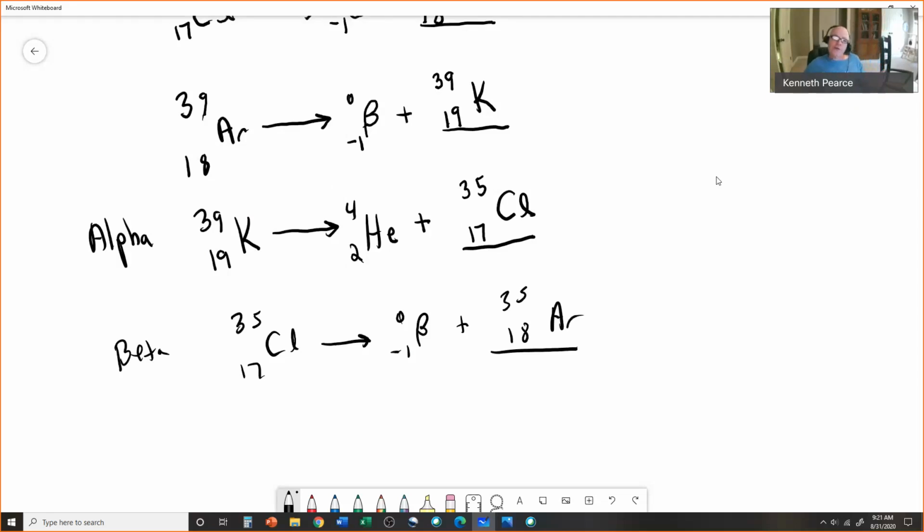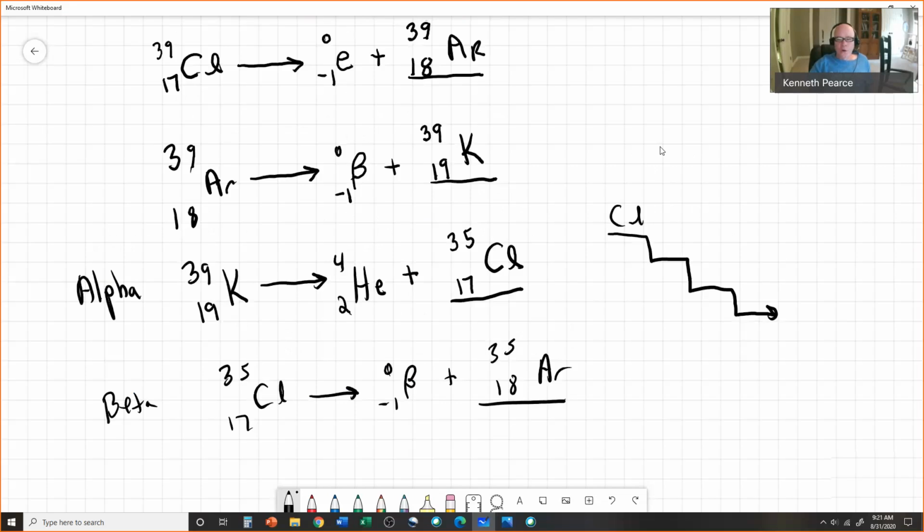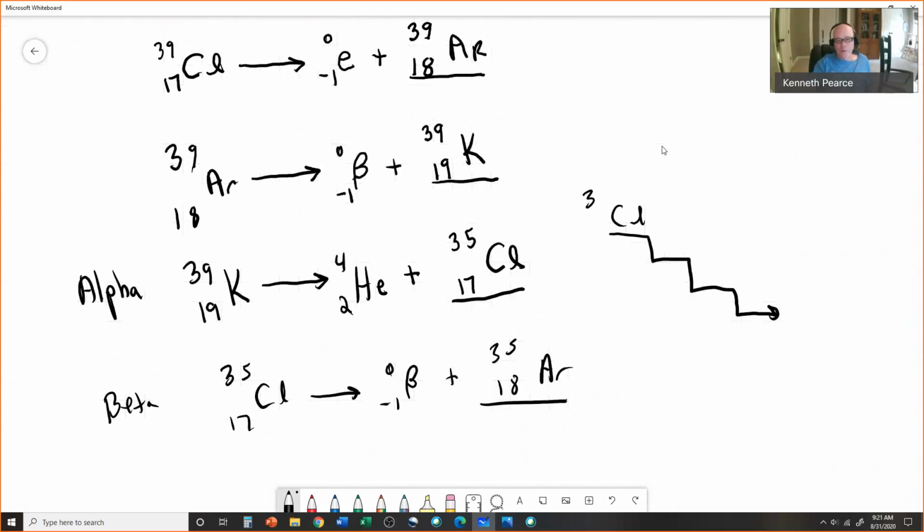And you can do this, and as you go back and forth between alphas and betas, this is what happens naturally, is that the particles will have a tendency to just kind of run down from one to the next. So you start out, say, chlorine 39, and then down you go to a more stable form, which would be chlorine 35.